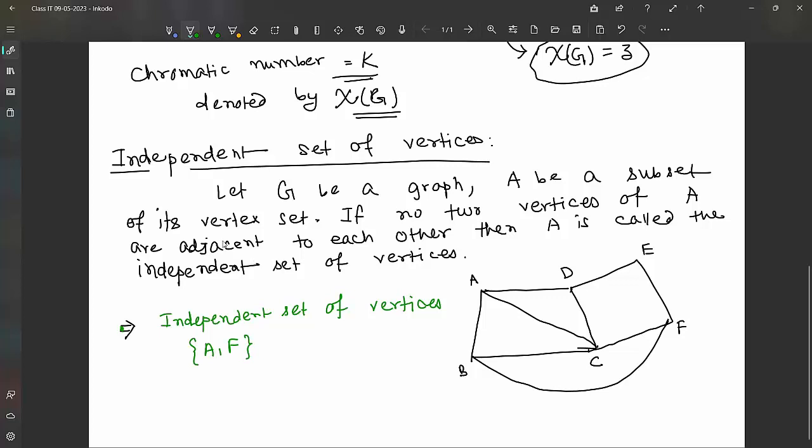One of these. And any other from here? Obviously B and D also, in the same sense. B and D. This is also an independent set of vertices. Okay. And any other?